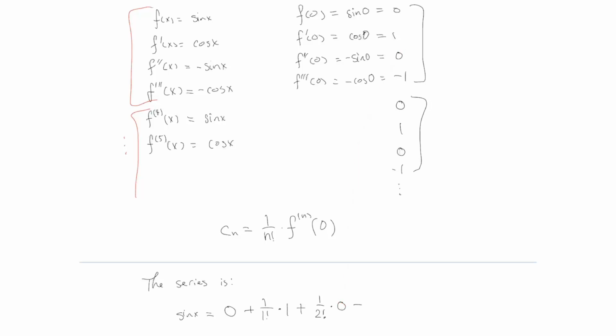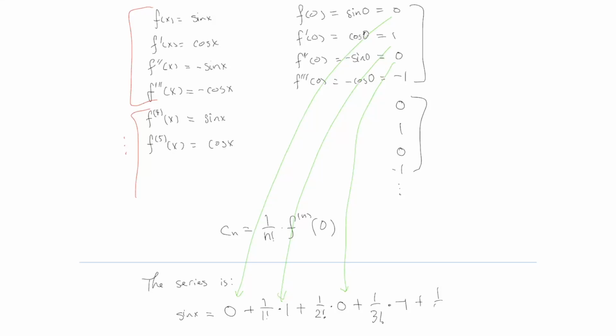I hope everybody's sort of connecting the dots here. I'm taking these numbers and making them here, here, here, right? What's the next one? Plus 1 over 3 factorial times negative 1, right? That was the third derivative. What's the next one? It's another 0.